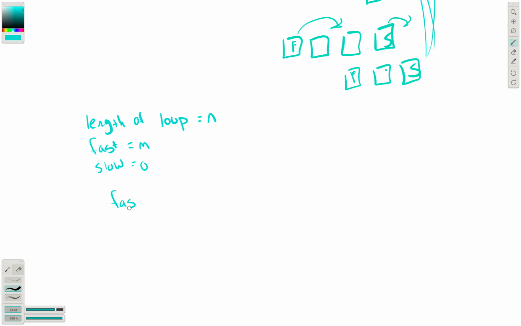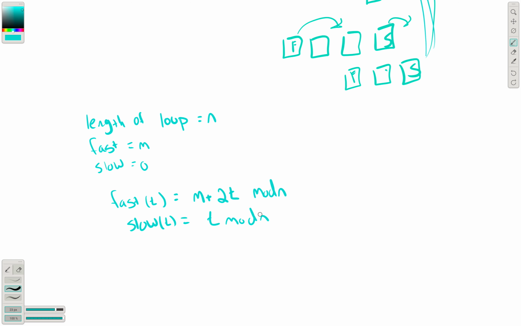So fast guy's distance in terms of time is going to be where he started plus 2 times t, mod n. That's where he is. And then slow guy is going to be t mod n.